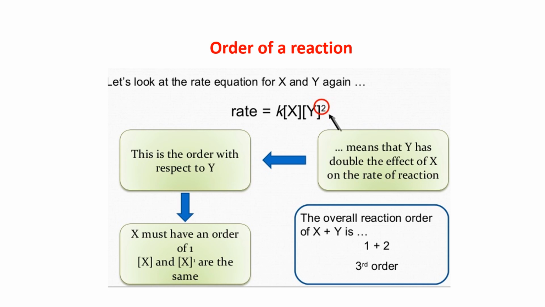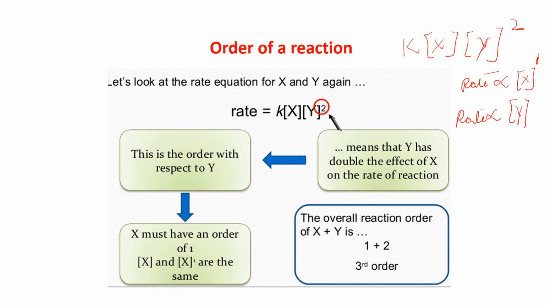Now another example to calculate the order of a reaction. Suppose we have a reaction where rate equals k x y to the power 2. That means in the rate law we found that the rate with respect to x is x to the power, nothing is there, that means 1, and the rate is proportional to y to the power 2.